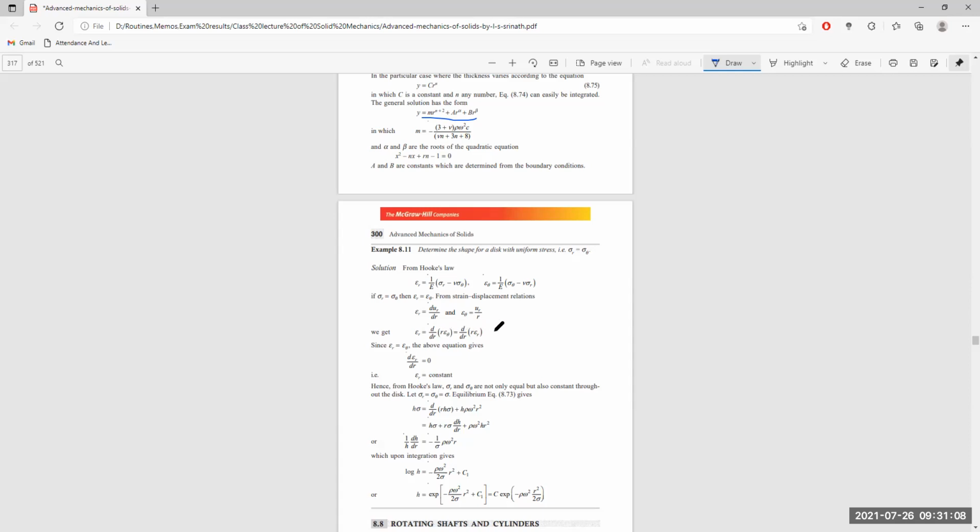So the above equation gives us d epsilon by dr equal to 0, because epsilon r is the strain along the radial direction as well as the circumferential direction, and it is constant. So it is not variable, and this differentiation becomes equal to 0.